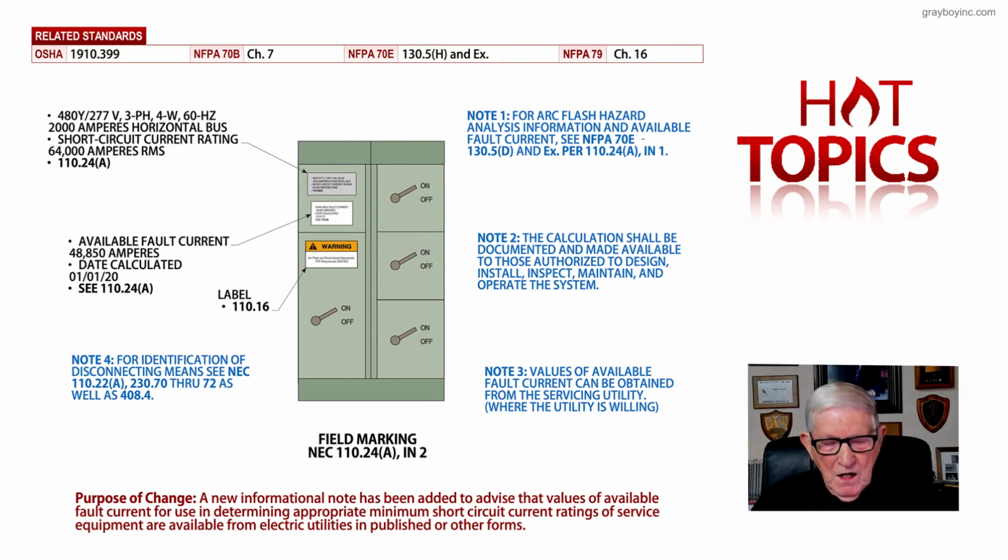But notice the items that must be put on the equipment that the owner has to provide. And notice, again, you have to have the voltage. Well, now the voltage was listed, say, in 110.21(B). But the arc flash boundary was not listed in 110.21(B), but it is listed here.